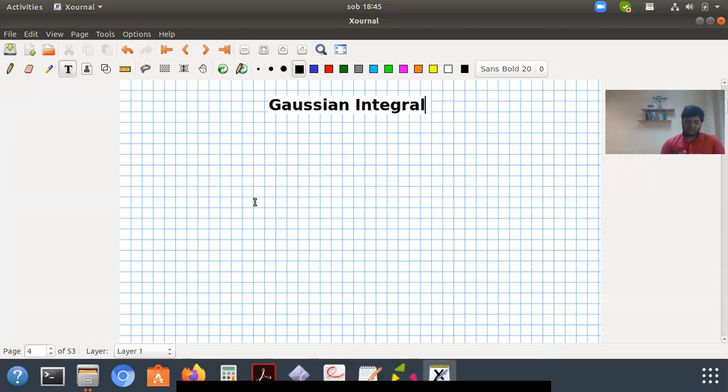So first, let us define an integral I, from minus infinity to plus infinity, of e to the power minus x square dx. This is a well-known integral which we encounter many times in physics, in different topics.